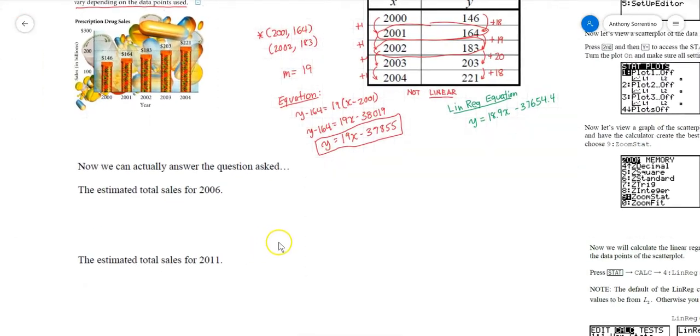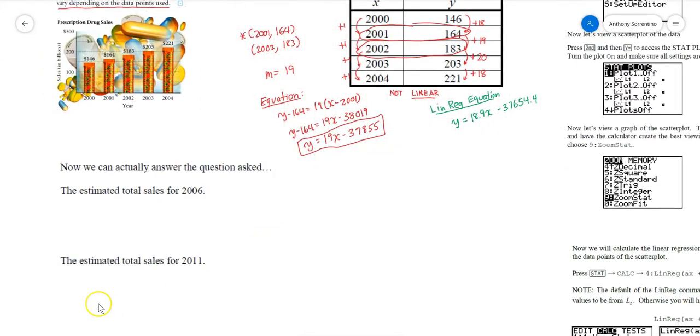We're asked to estimate the total sales for 2006 and estimate the total sales for 2011. Just to keep this short and get to the end of this video, you're just going to go to either this function you created or this function from the linear regression. This one, of course, is better, so that's the one I'm going to go with. I'm going to plug in the years for x's, because remember, my x's were my years.